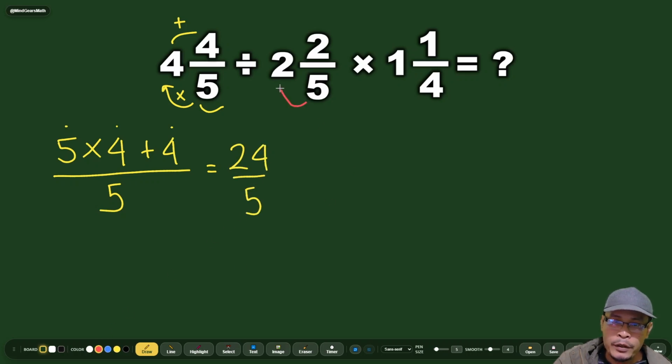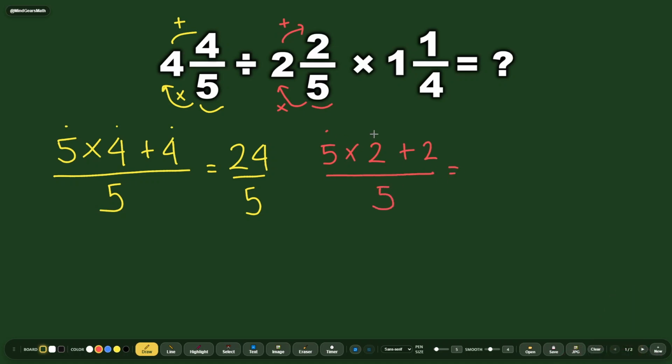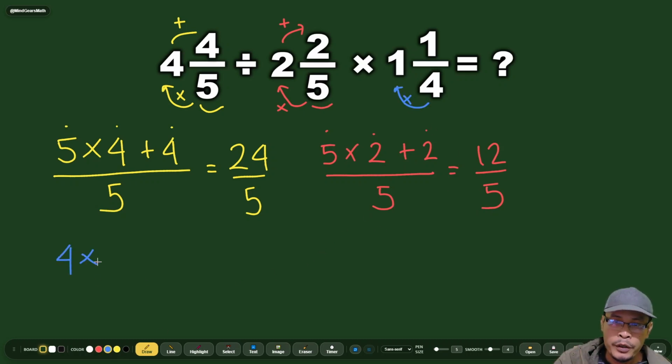Next, 2 and 2/5. 2 times 5 is 10, plus 2 is 12. 12/5. And 1 and 1/4. 1 times 4 is 4, plus 1 is 5. 5/4.